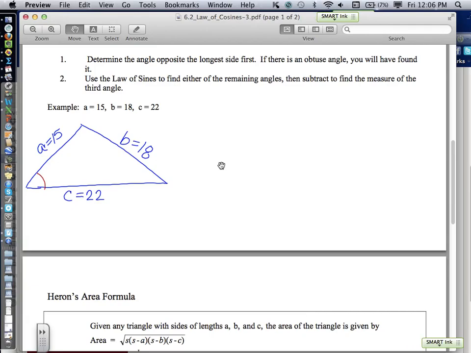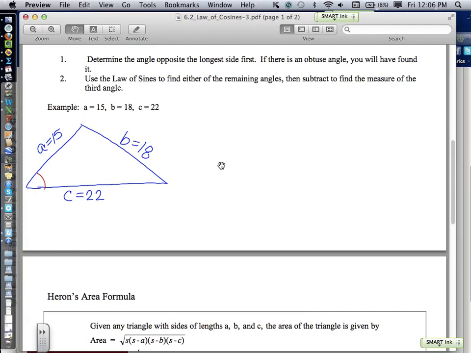So in this case, I know for certain that if there is an obtuse angle in the triangle, it will be opposite the longest side. So if I use the law of cosines to find the angle opposite the longest side, there's no ambiguity with the law of cosines. So if I use it to find the angle opposite 22, then the other two angles will have to be acute, and I can just use the law of sines for those, and I will have no problem.